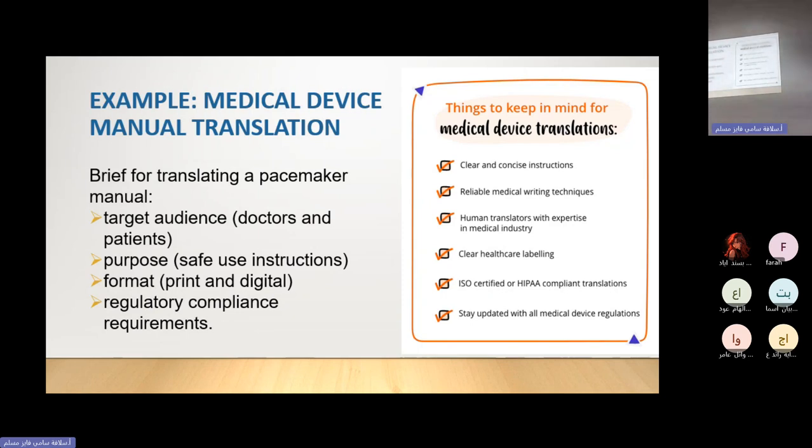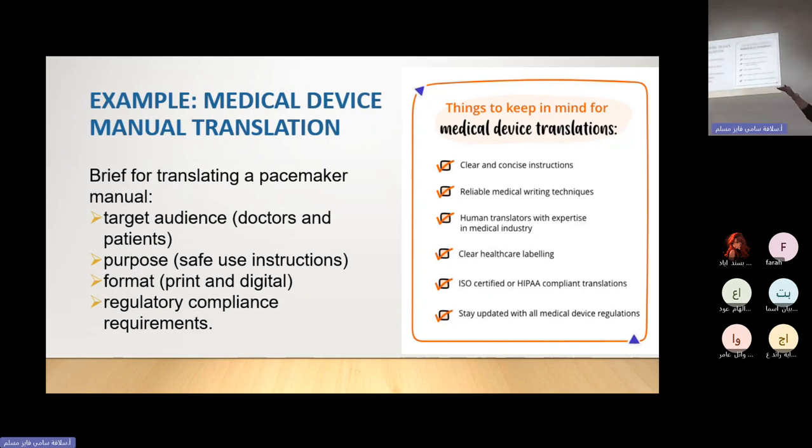It needs to define who the target audience is: doctors and patients. You put this before you start the translation so that you know to whom you need to translate, how you need to translate it, and what you need to translate.